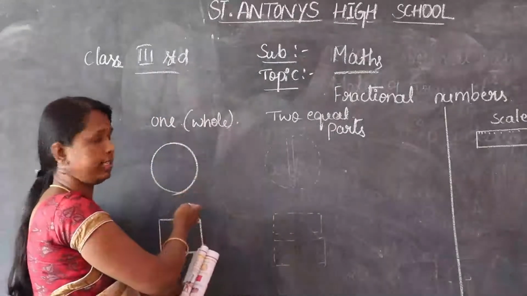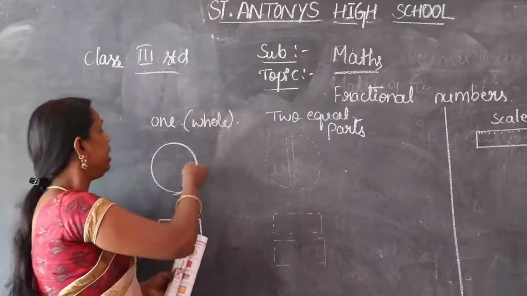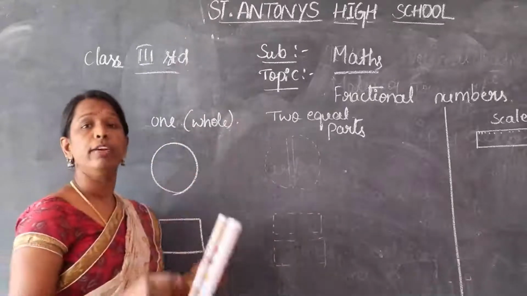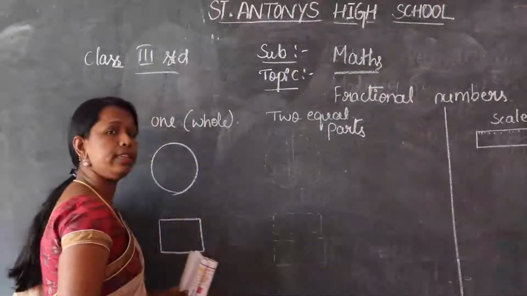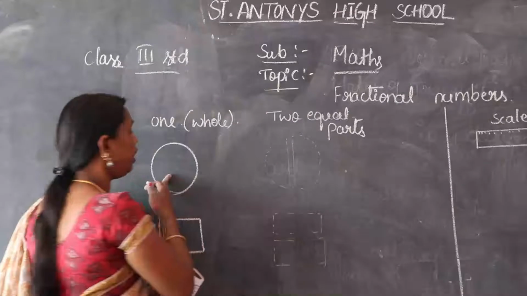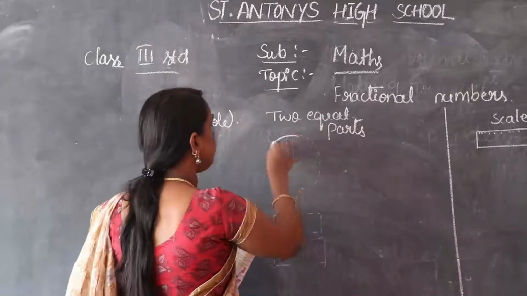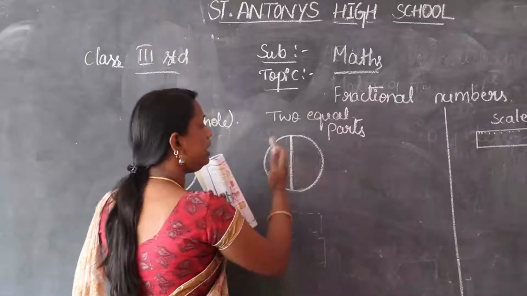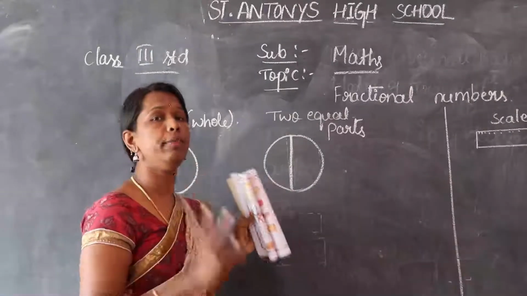If we take this circle, or what we call a pizza or maybe a roti, it is a full circle. That is called a whole. Fraction means a part of a whole. If this roti or pizza is cut into equal parts, it divides into two equal halves, two equal parts.